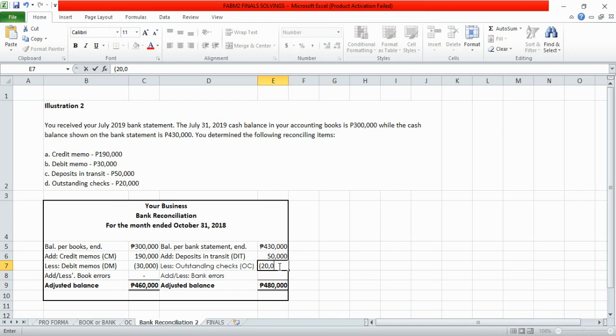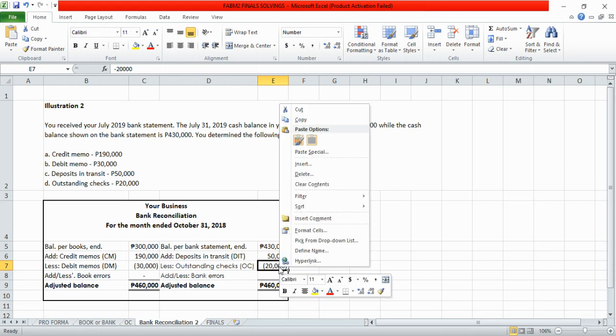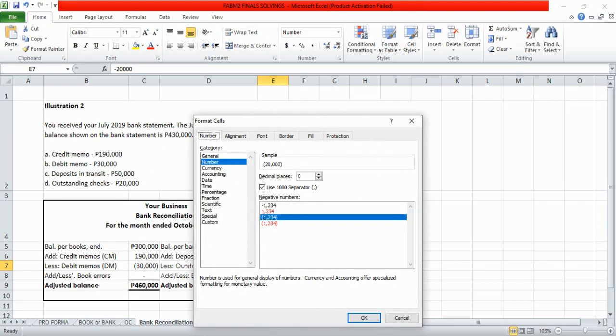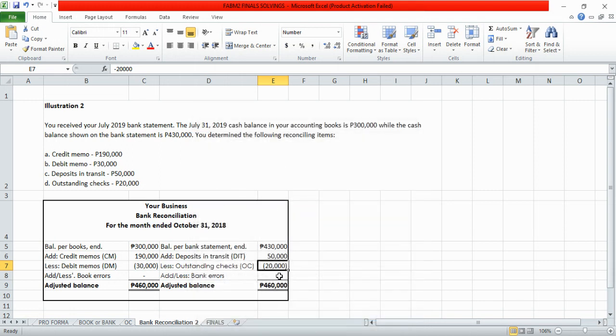Don't forget to put the parentheses, okay? If you see a negative sign, please change it, because we don't have a negative value for money. Go to format cells and choose the black color inside the parentheses. Okay, good. We don't have a bank error, so just leave it blank again.